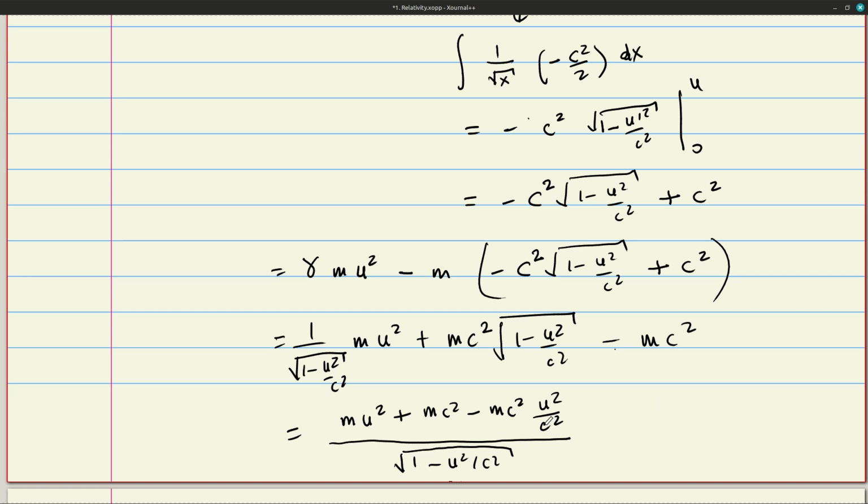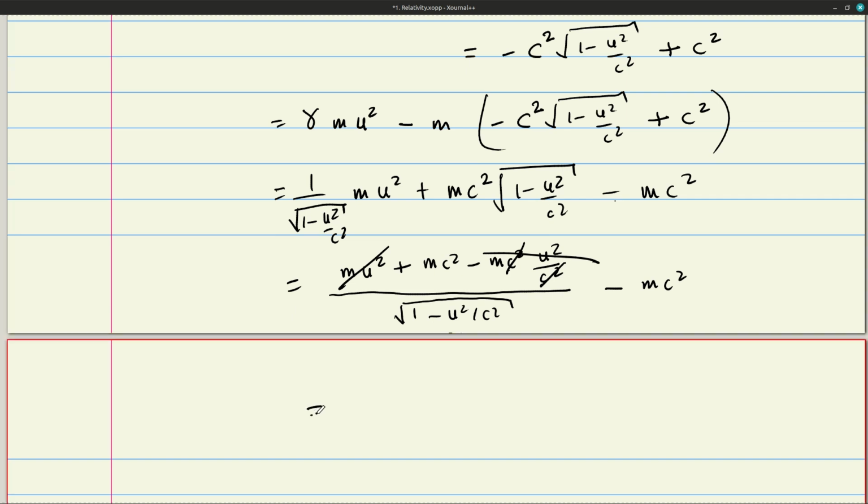And so this one cancels this. Minus mu squared is going to cancel mu squared, and at the end I have minus mc squared. And it seems like what I have is gamma mc squared minus mc squared, but I want to write it like gamma minus 1 mc squared.